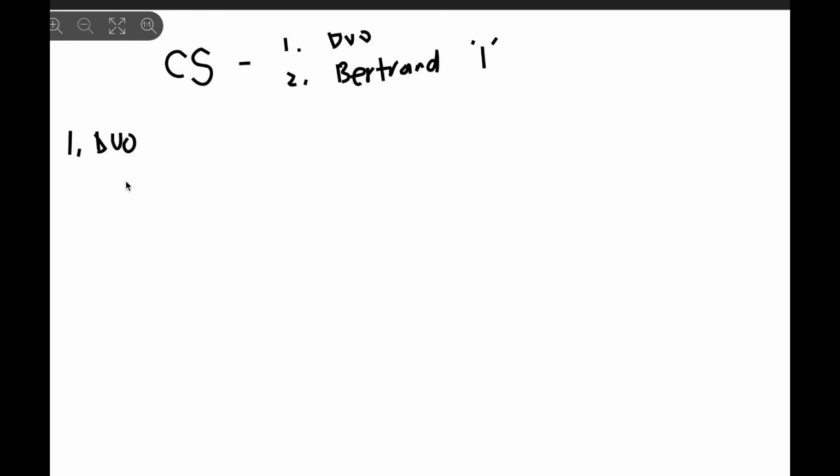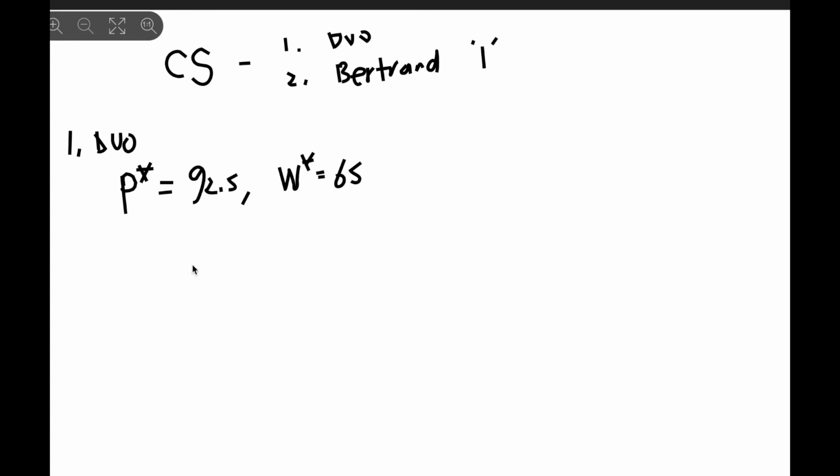So we're going to look at the consumer surplus of each case. One, duopoly. Two, Bertrand one time. Starting with one, duopoly, what is the price in this case? $92.50, and W star is 65.